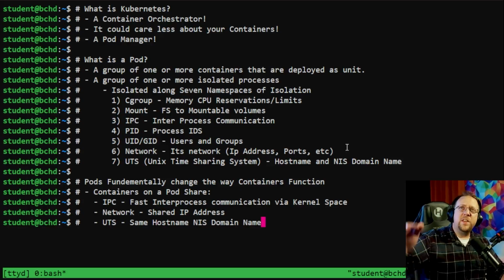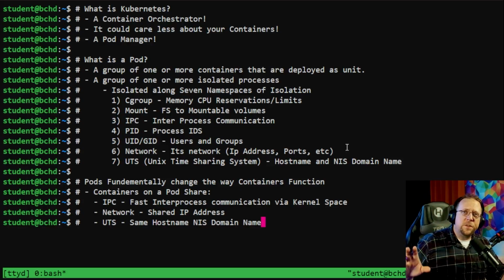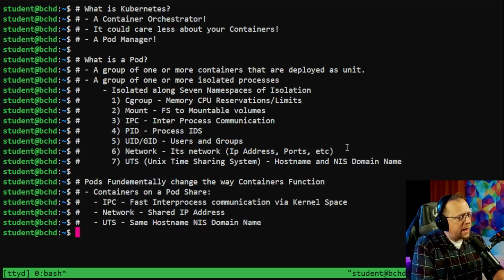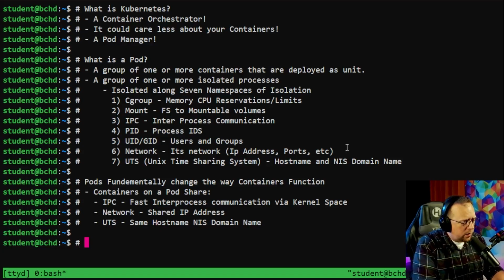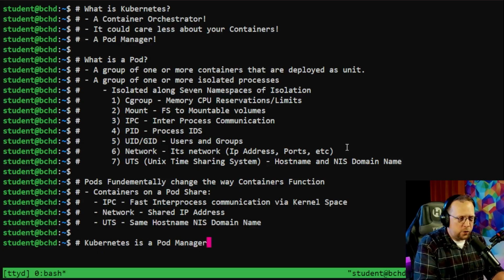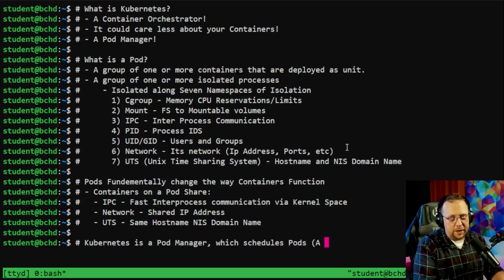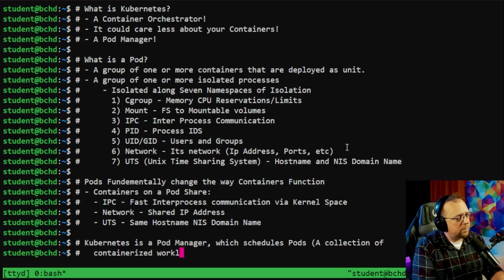So now that we've had a chance to kind of get under the hood, let's finally define what is Kubernetes. Kubernetes is a pod manager which schedules pods, a collection of containerized workloads, over a pool of nodes known as a cluster.